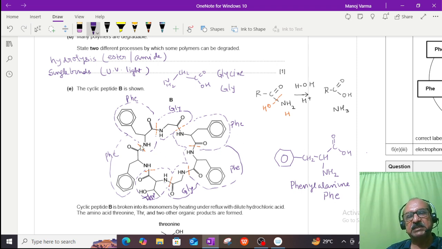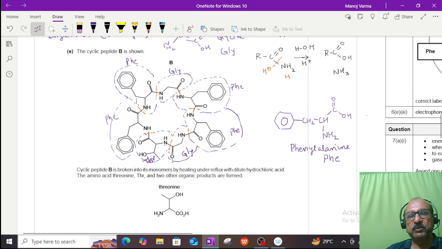So this part will separate out, which is phenylalanine, abbreviated as PHE. This will also be the phenylalanine part, and this part, if you see, is once again COOH, then the CH2 and the NH2, which is once again the glycine part, and this part has been shown separately as the threonine part.